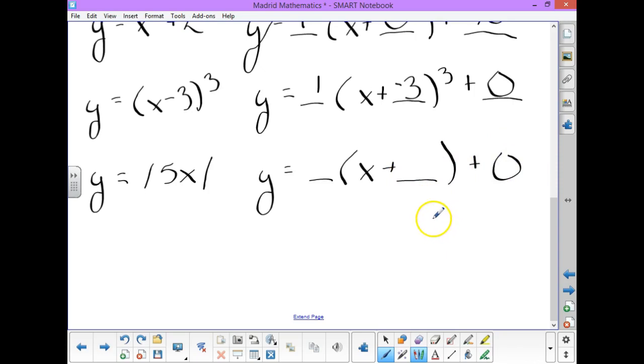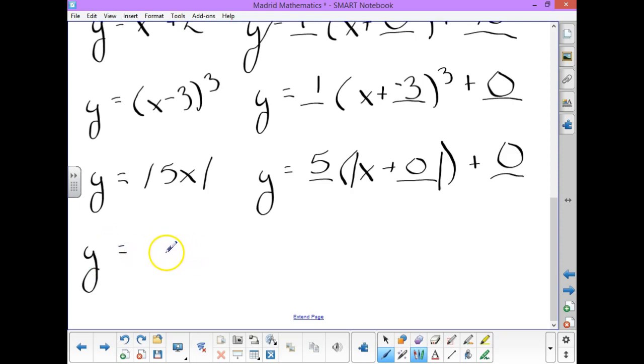Now here we're going to put the absolute value signs in there. As I can see, there's a 5 up front, so I will place it up here. There's nothing being added inside or outside, so I'll put zeros.